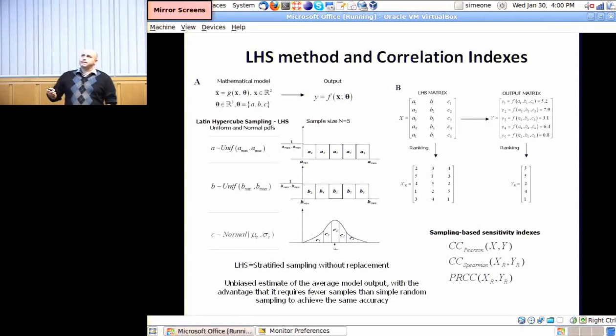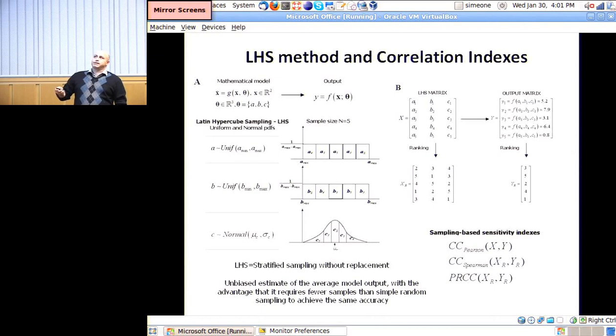That's the approach: defining an a priori distribution. Then the method is stratified sampling without replacement. Once we define a sample size, here 5, just for ease of illustration, we divide the interval into 5 equiprobable sub-intervals.